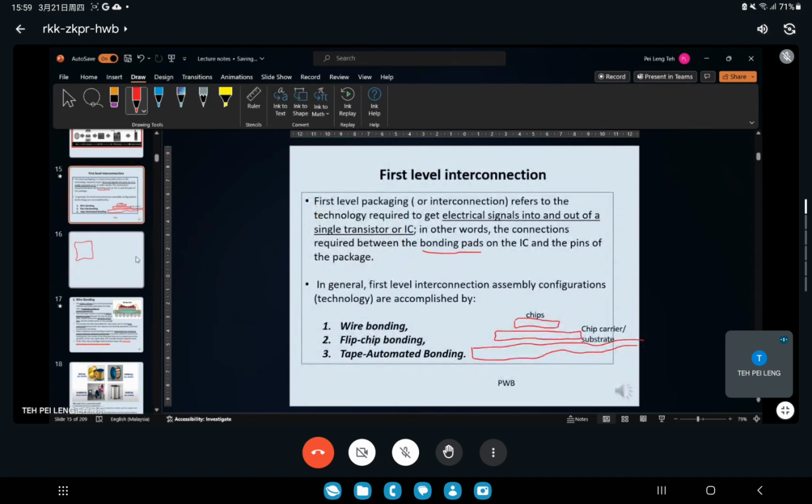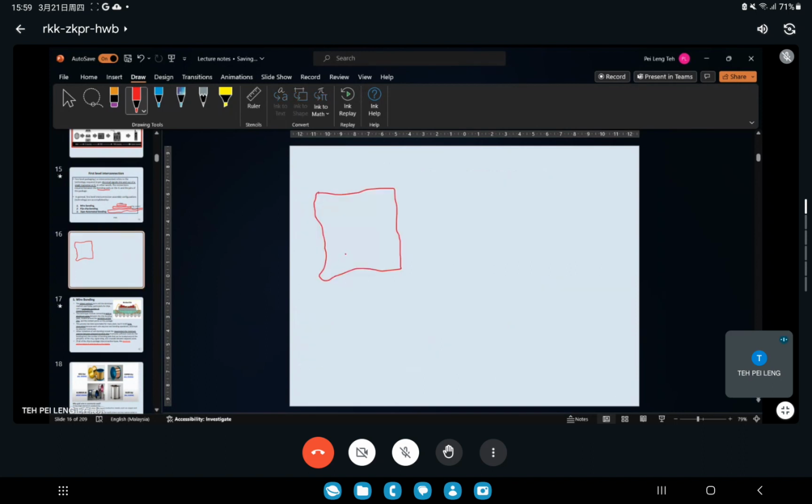Remember, later you will see this many times: bonding pads. Bonding pads means the pads where bonding can be formed. They design these pads, which are made from copper surface, or platinum.